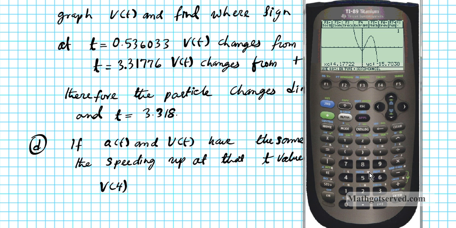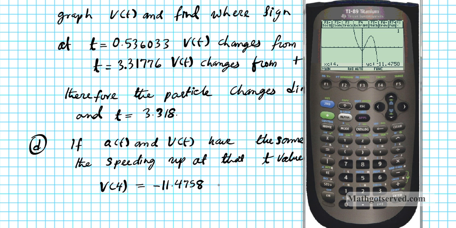So we want to evaluate the velocity at t equals 4. Press 4, enter, negative 11.4758. Okay, so the velocity at t equals 4 is negative 11.4758. All I care about is the sign.